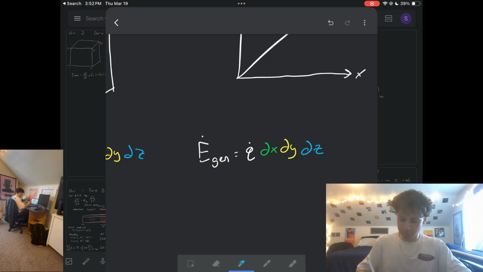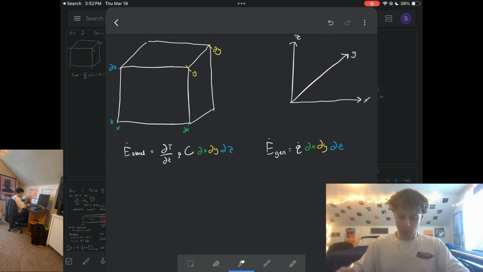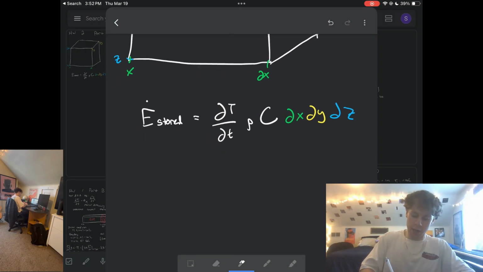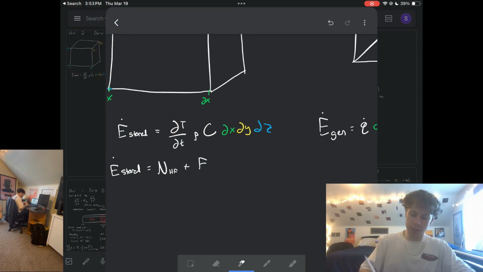Okay. So, using this, we'll get an equation that will say that our stored energy is equal to our net heat flow plus our generated energy.